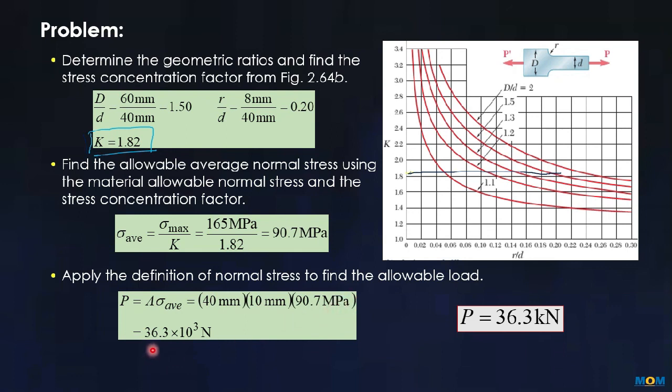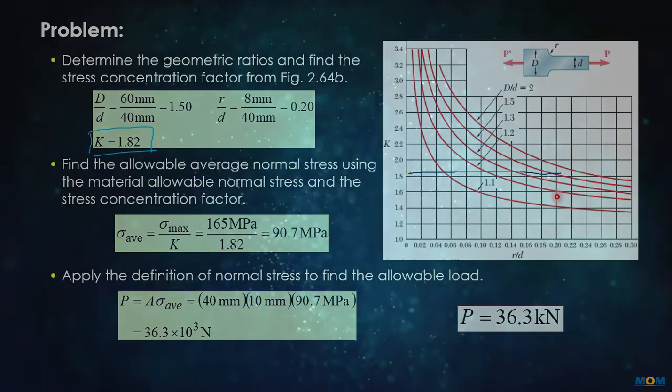So with this we can calculate the load which is going to be safe for this steel bar, that is 36.3 kilonewton. And with this we end our discussion here.